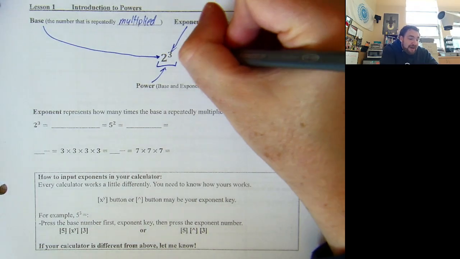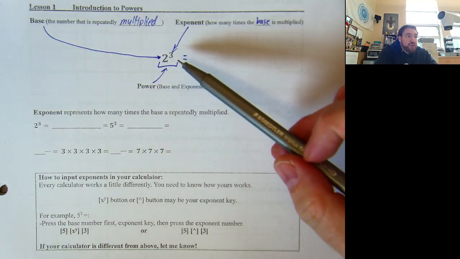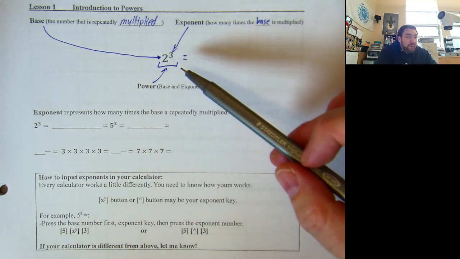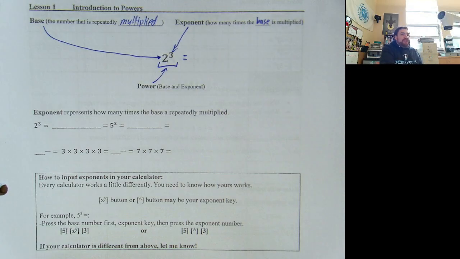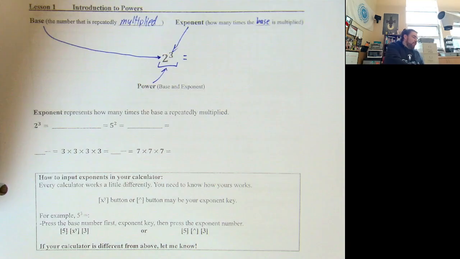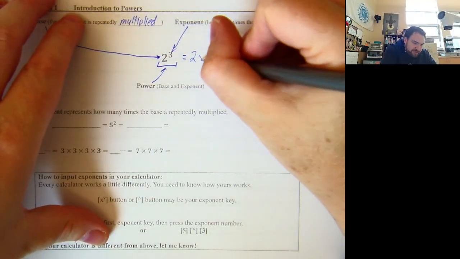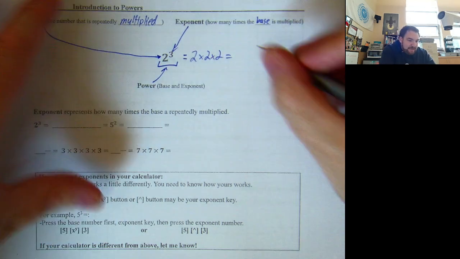So, if I have 2 to the power of 3, or 2 cubed, I could write that in another form, as repeated multiplication. So 2 cubed could be written as 2 times 2 times 2, which is 8.